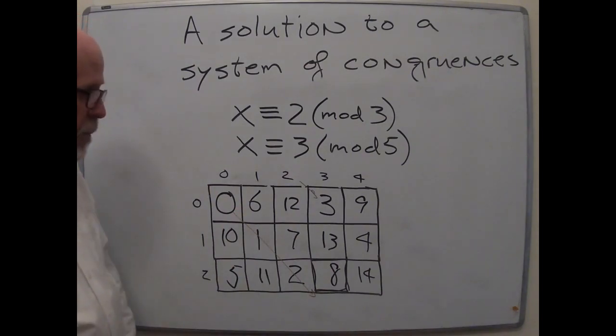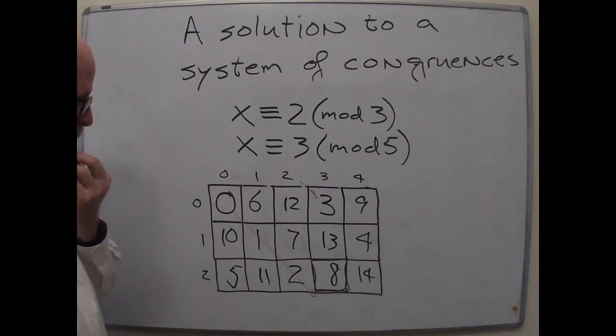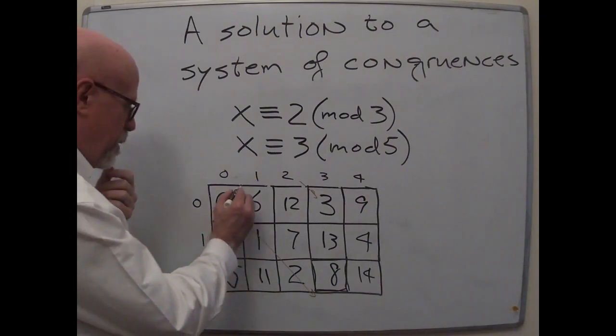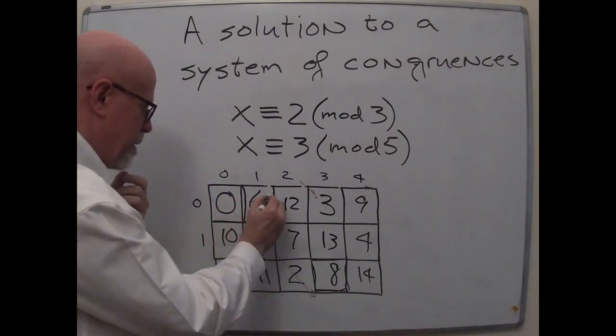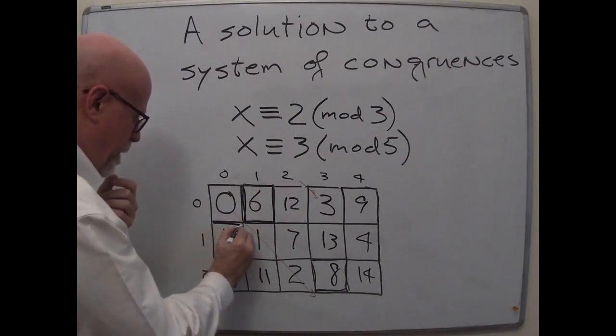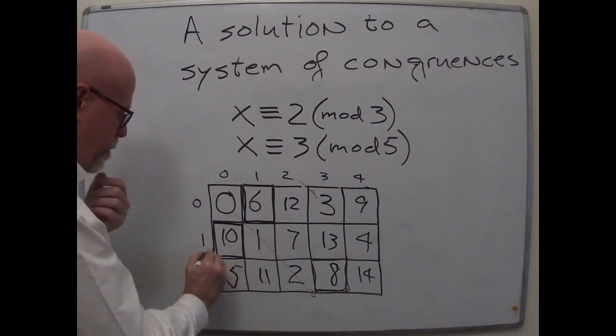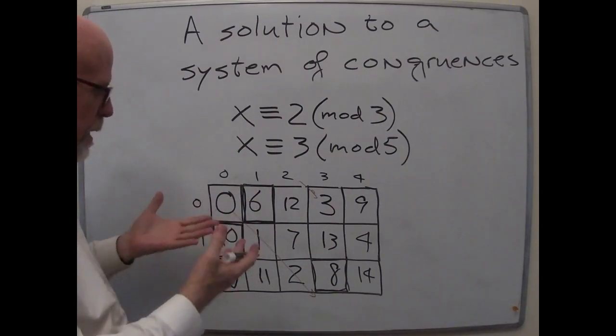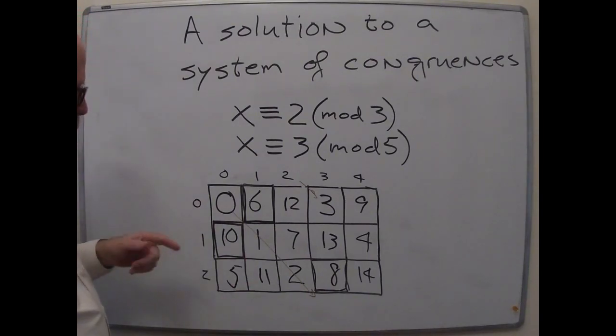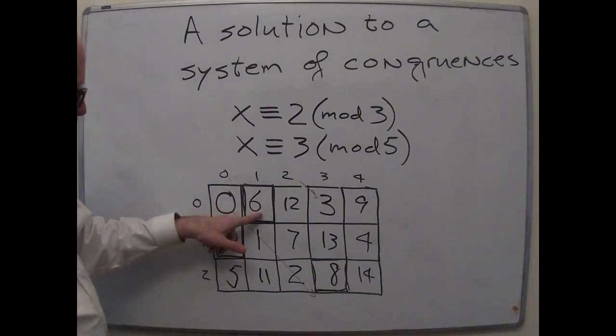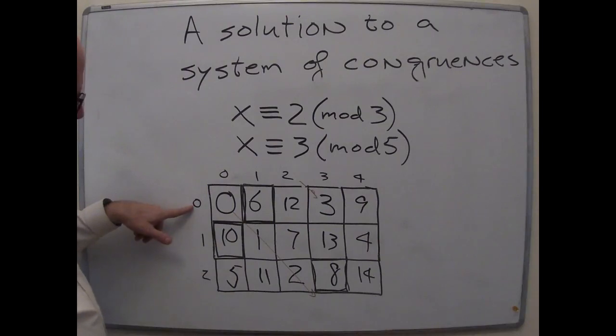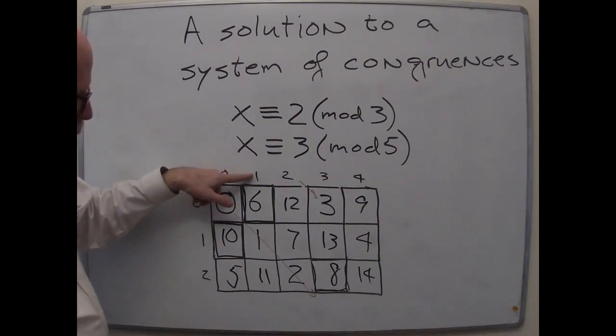Now, if this was bigger, we wouldn't want to have to write out all the stuff. We can take advantage of some pretty cool stuff. The numbers right here, 6 and 10, are very special numbers in this setting. What's the point of 6? Well, it's 0 mod 3, but it's 1 mod 5.